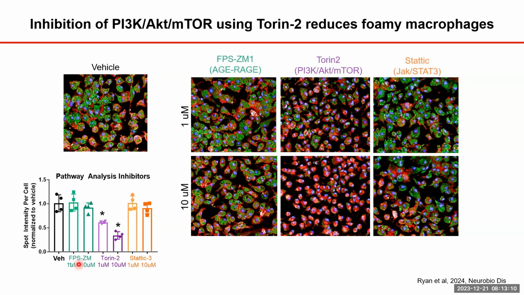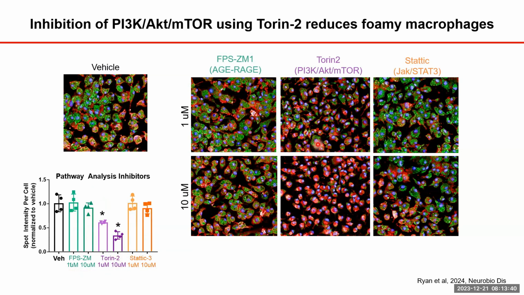Now, as you can see from the bar graph down here, this is under vehicle condition, which is what's used for normalization for the other conditions. For each compound, we took two different concentrations, 1 micromolar and 10 micromolar. As you can see, the only compound that was successful in reducing lipid content in these macrophages was taurine-2.